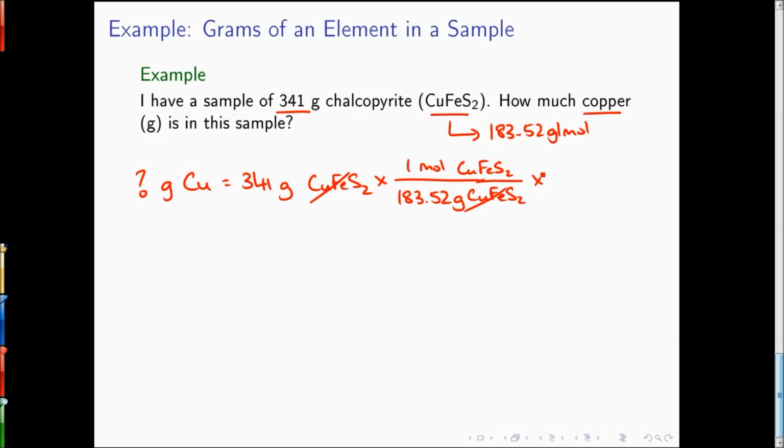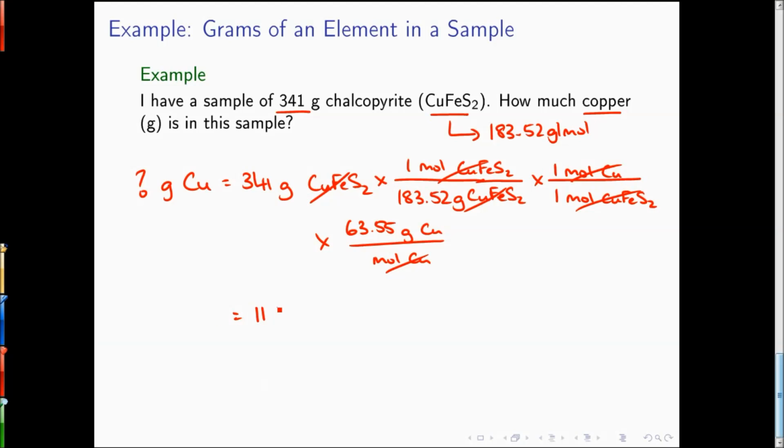And now that I have the number of moles of CuFeS2, I know that in each mole of CuFeS2 there is one mole of Cu, and I know that the molar mass of copper is 63.55 grams for every mole of copper. So when all is said and done, I have 118 grams.